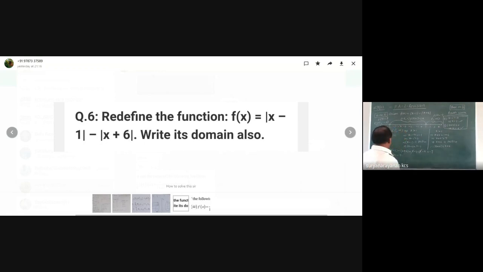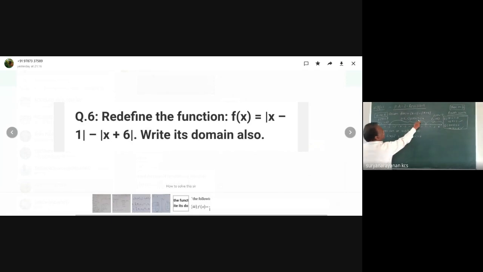Now let us rewrite the given function. F of x can be redefined as: f of x is equal to 8 if x is less than minus 6.